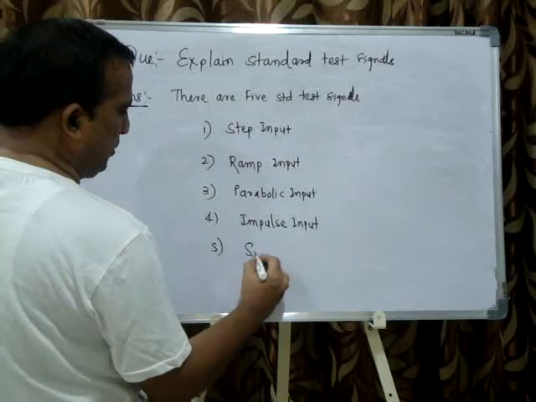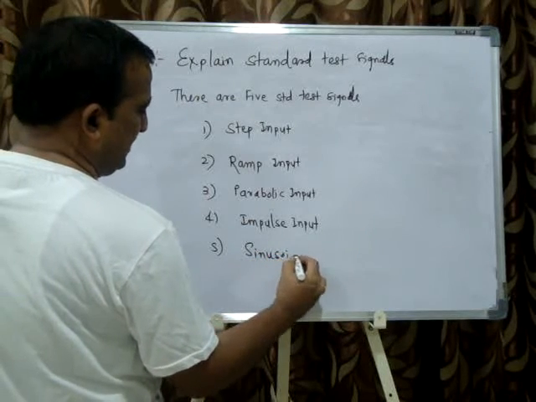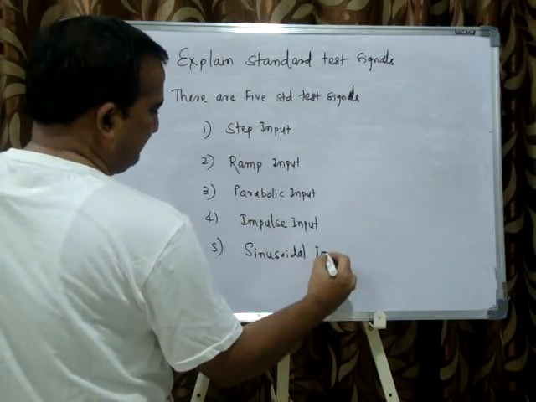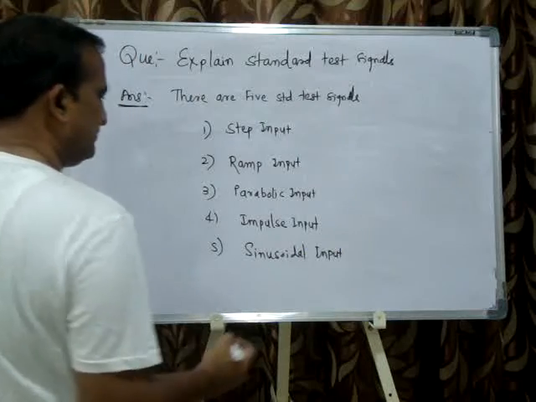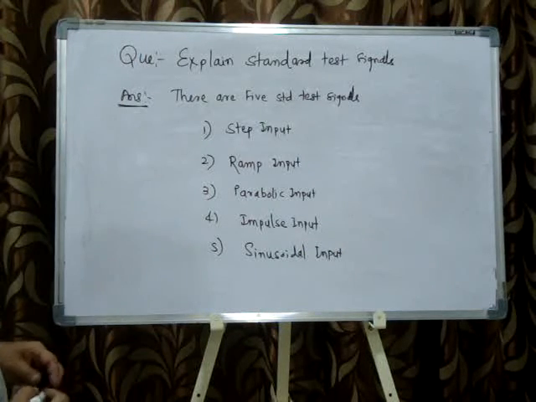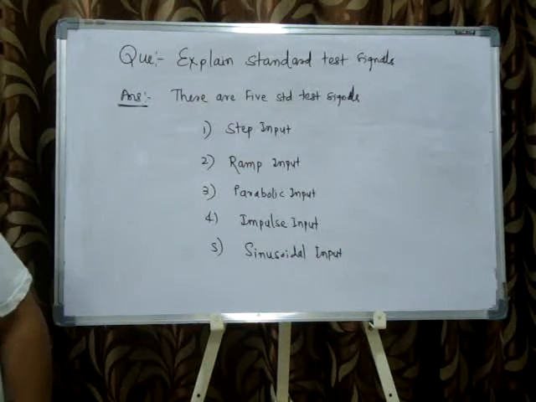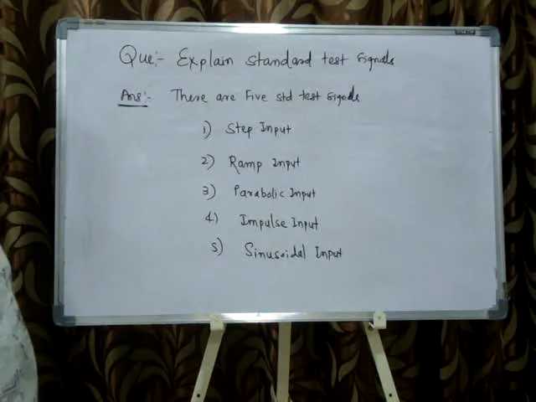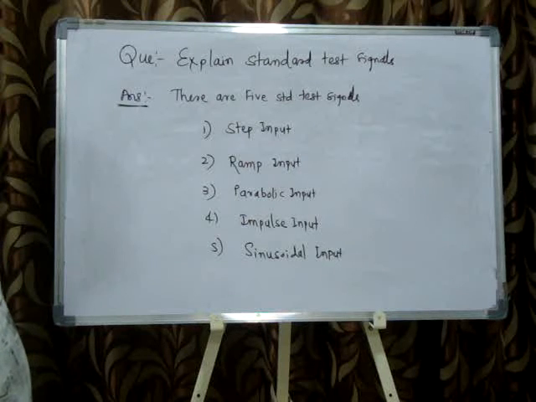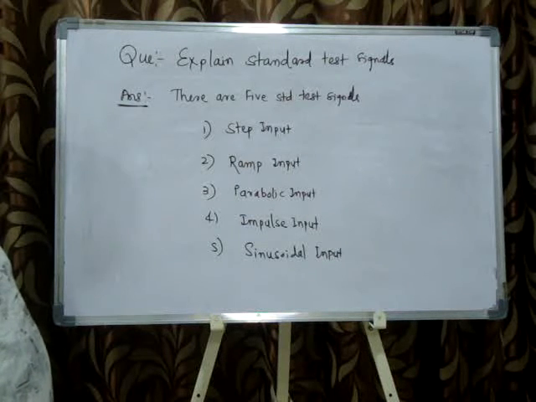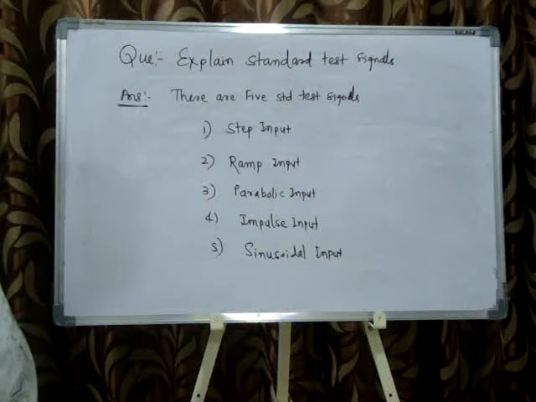The fifth one is called sinusoidal input, a simple harmonic input. So there are five types of inputs: step input, ramp input, parabolic input, impulse input, and sinusoidal input. Now we'll see first what is a step input.